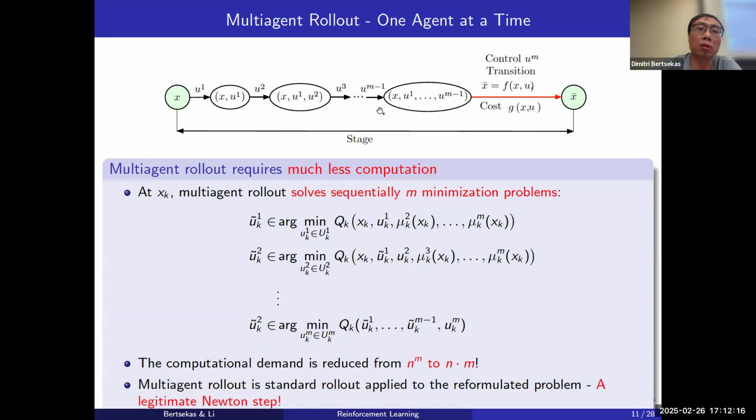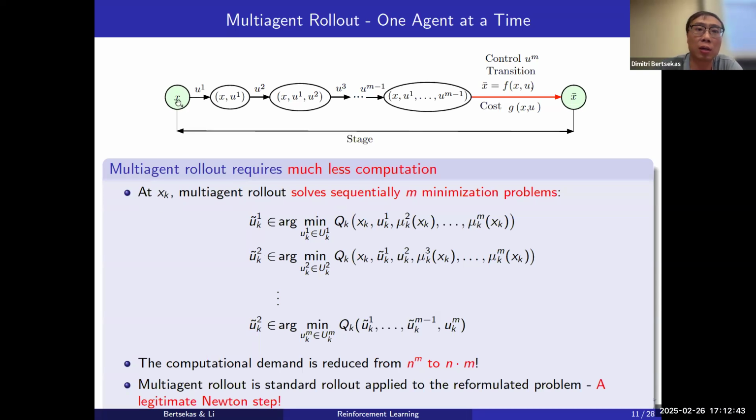So if we consider standard rollout applied to this unfolded state space formulation, then we get this multi-agent rollout algorithm. But it's not equivalent to standard rollout applied to the original problem.